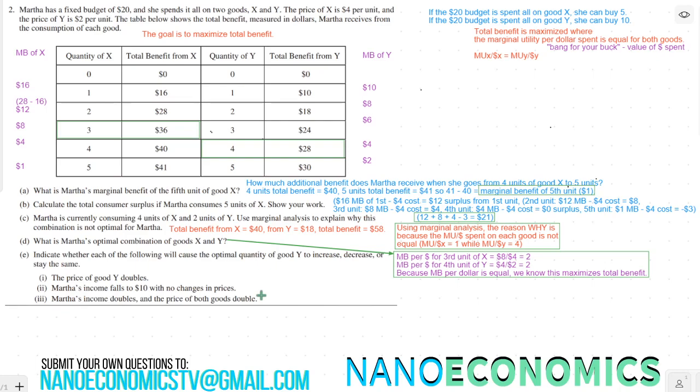So first, if the price of good Y doubles, then with everything else remaining constant, we can now afford less of good Y, and therefore the optimal quantity decreases. Kind of as an affordability.